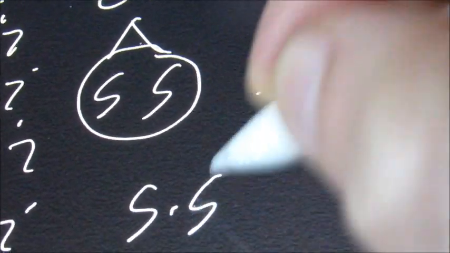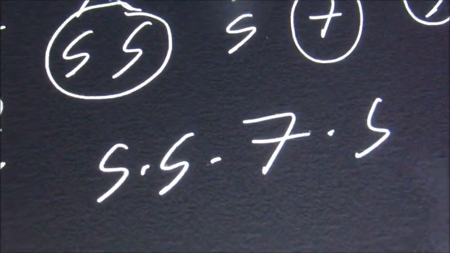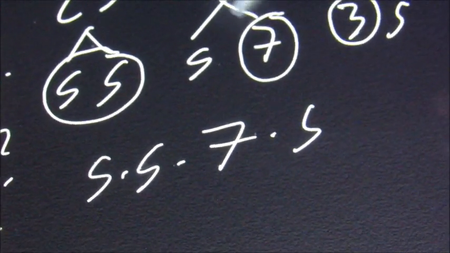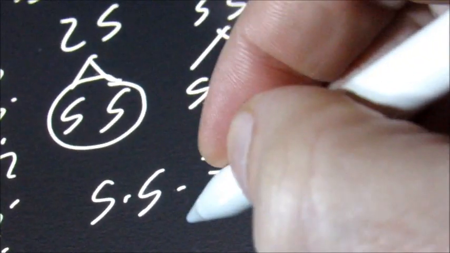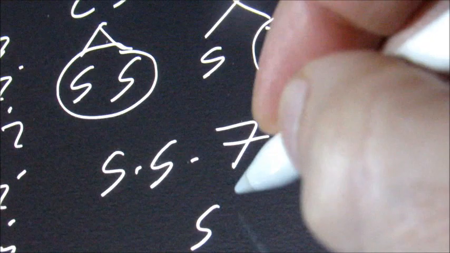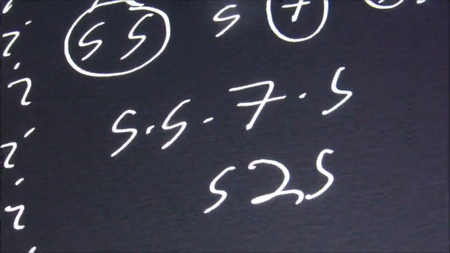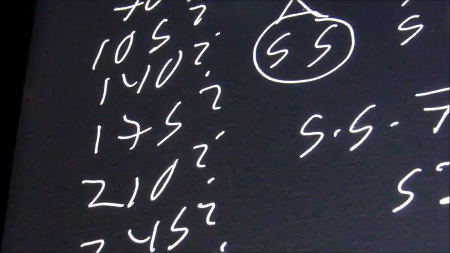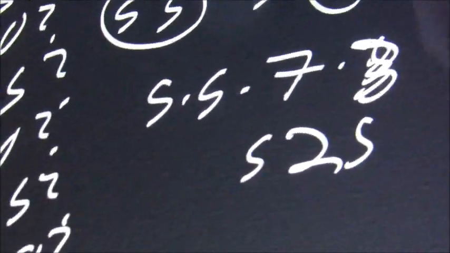So we're going to have 5 times 5 times 7 times 3. 5 times 5 is 25 times 3 is 75 times 7, which is 525. So that's how you can do just the least common denominators.